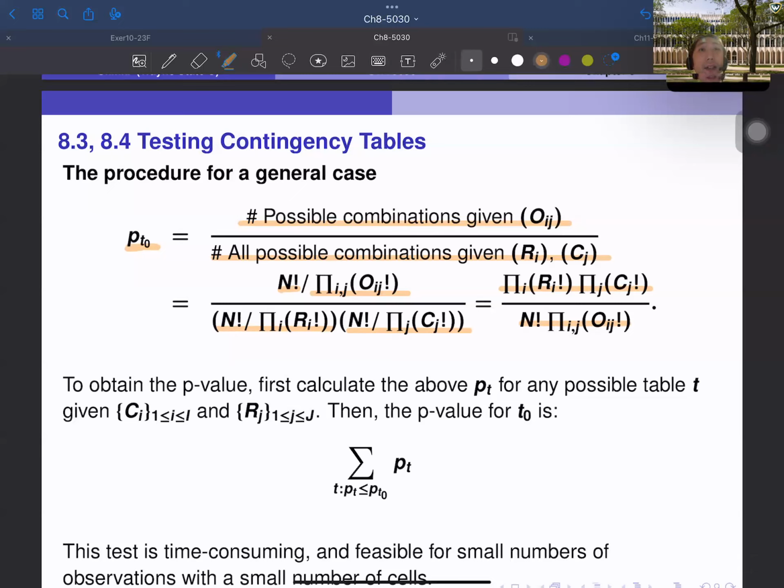And I got a question. Could we simplify the formula with multinomial coefficients? I don't know. I believe that this is the simplest form, but I don't think it can. Yeah, I think this is the simplest expression if we think about the general case.